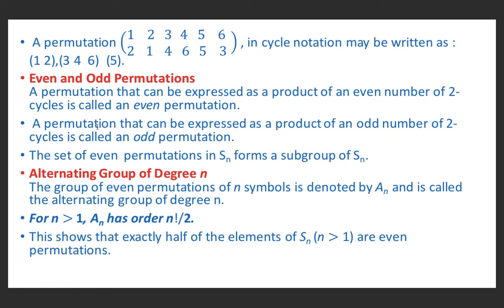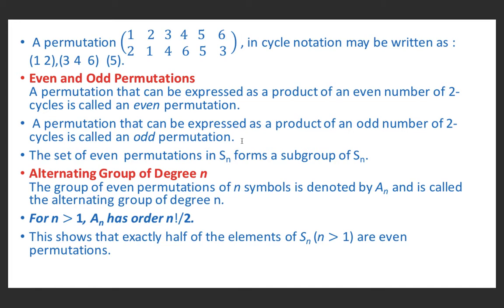So now, even and odd permutations. A permutation that can be expressed as a product of an even number of two-cycles is called an even permutation. A permutation that can be expressed as a product of an odd number of two-cycles is called an odd permutation. The set of even permutations in Sn forms a subgroup of Sn.